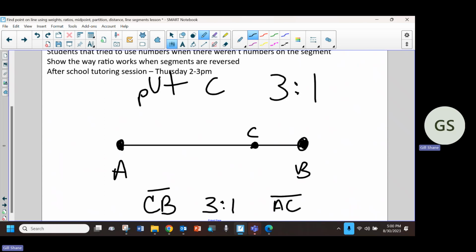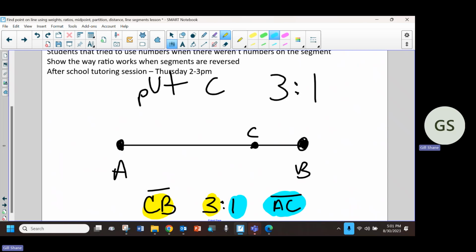So it's actually saying the right segment CB, when it says CB first, CB is the left number. So this is CB, and this number now is AC. You always read the ratio and you match it up with whatever the first segment is.